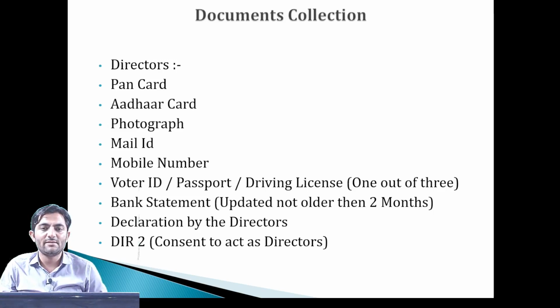The declaration given by the director is that the director will not take any loan, will not act as a banking company, and the director has not been convicted in the formation and promotion of any company or any other similar act like SEBI, RBI. Next, DIR 2. DIR 2 means the director needs to give his consent for being a director in the company. It should be a written document signed by the director.